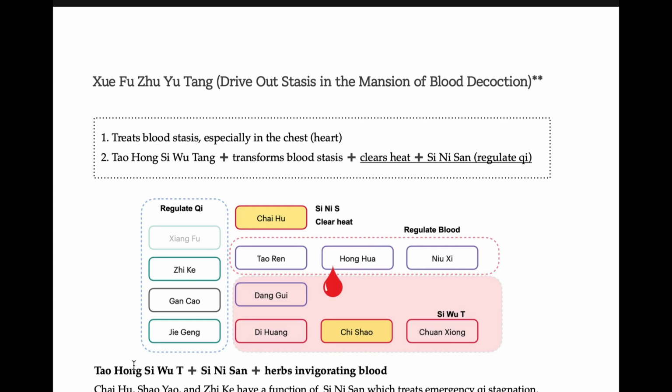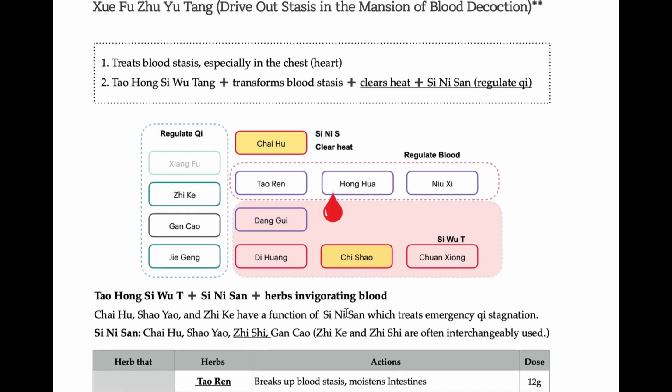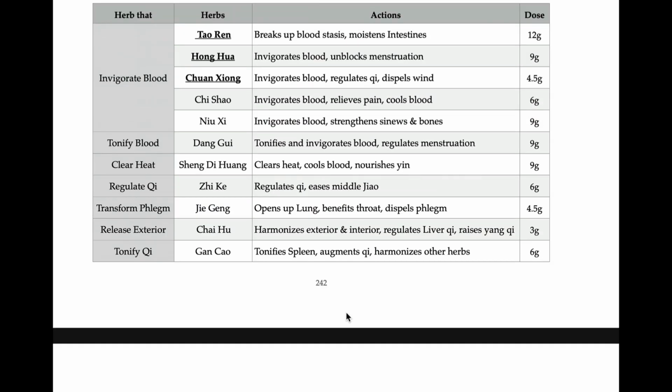Shuefu Chuyutang, there are actually four different Chuyutang. Shufu treats chest blood stasis, so chest pain is the keyword. And please remember this composition too: Siwutang and Sinisan, so it regulates qi with Chaihu, Baishao, actually Qishao, but they are commonly used interchangeably.